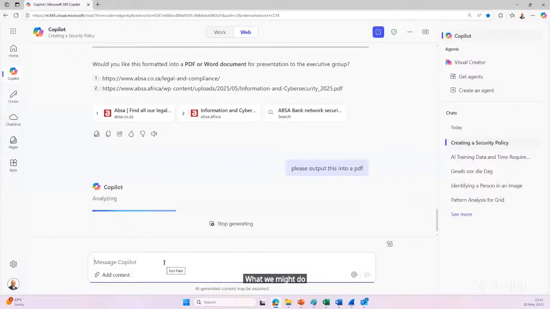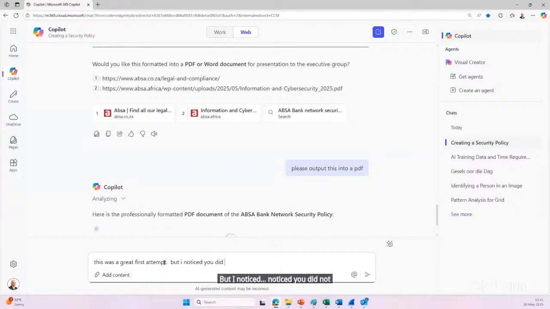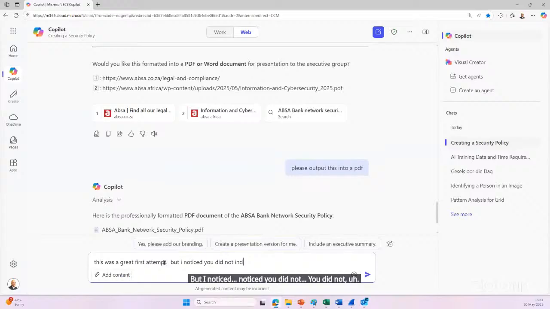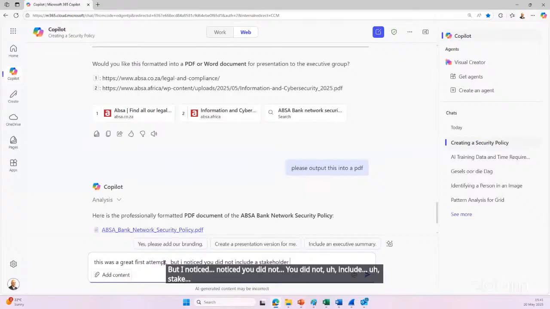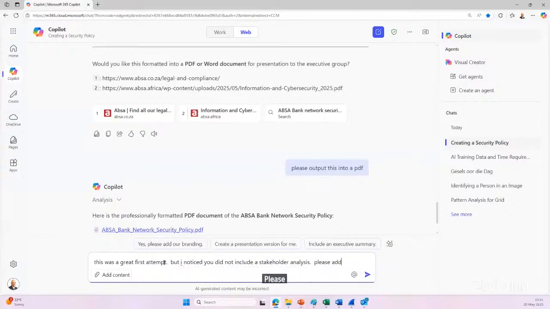What we might do is we might say, this was a great first attempt, but I noticed you did not include stakeholder analysis. Is that how you spell analysis? Please add this.